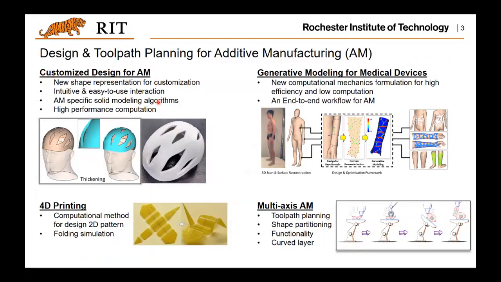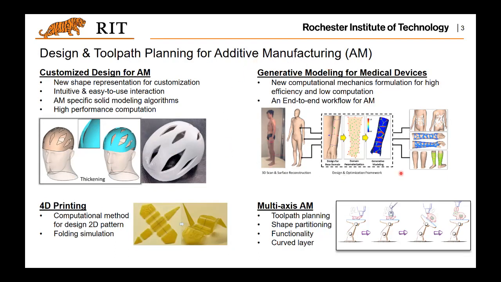The focus is how we could design complex shapes printed using additive manufacturing, as well as giving ordinary people the capability to utilize additive manufacturing. So how could those normal people design and customize their own products and print them using 3D printing? That is the focus.